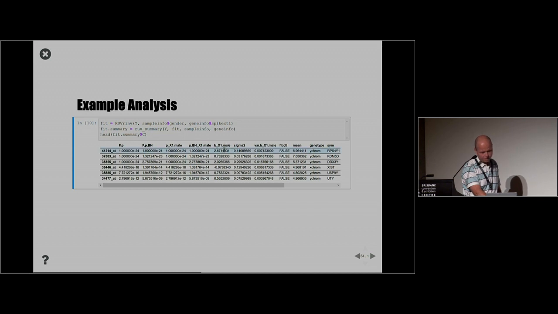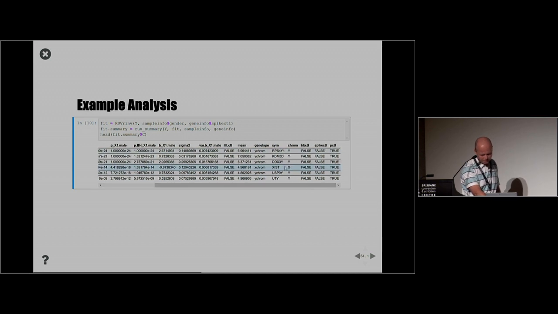Here we have the log fold changes, estimates of the variances, various other pieces of information, including this information that I passed in, such as the gene names, the gene types, etc. Okay, so that's an example analysis, just a couple lines, and you have a very nice clean summary of the analysis.